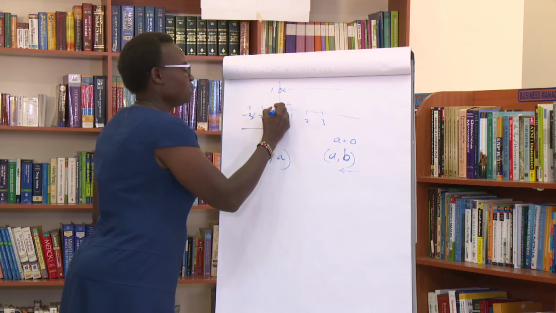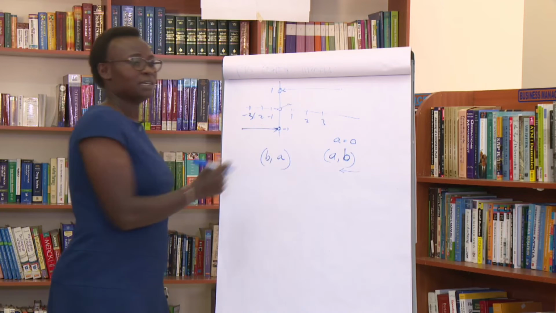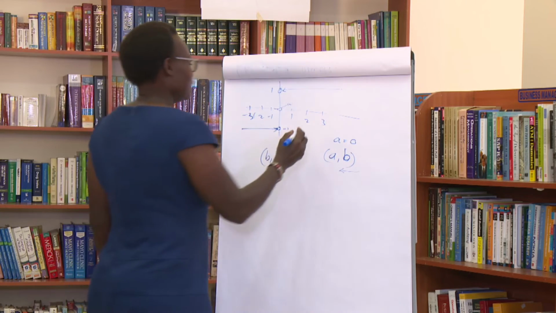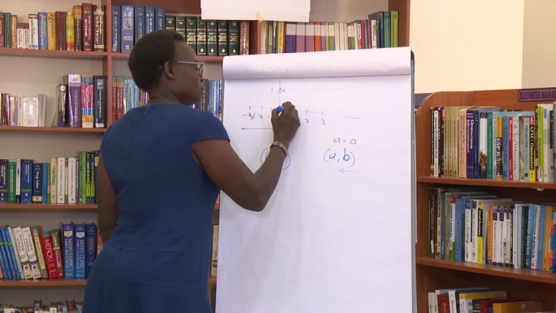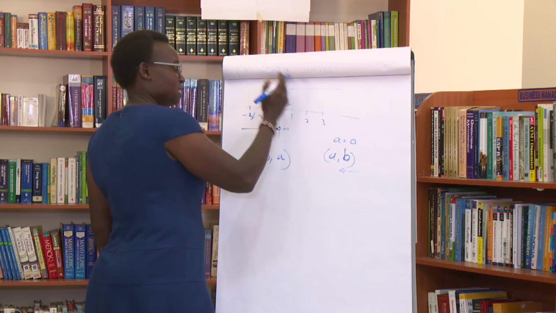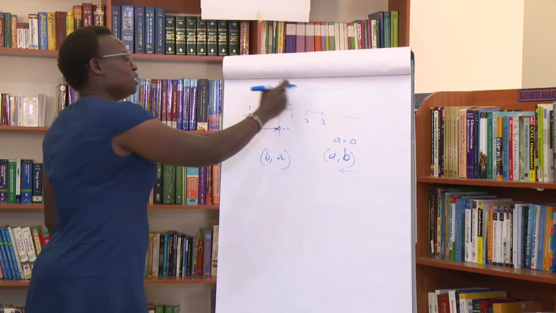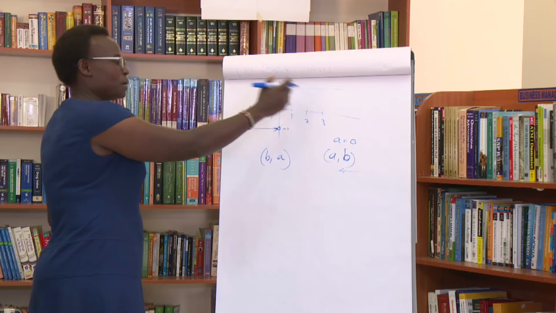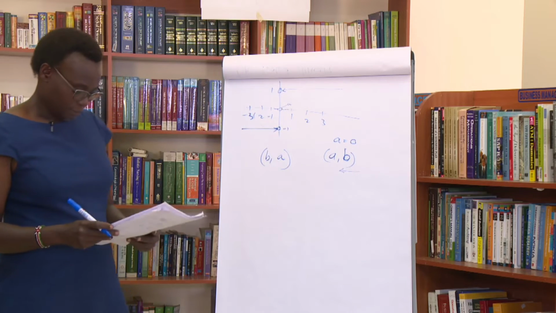We are picking values that are very close here on the immediate left, and these give us the left-hand limit. For the right-hand limit, we pick values very close to 0 from the right. f is defined there, and the values of f of x tend towards 1. So our right-hand limit is 1 and our left-hand limit is -1.